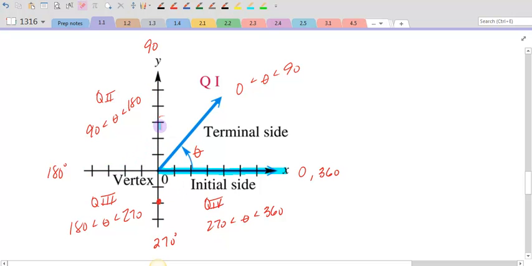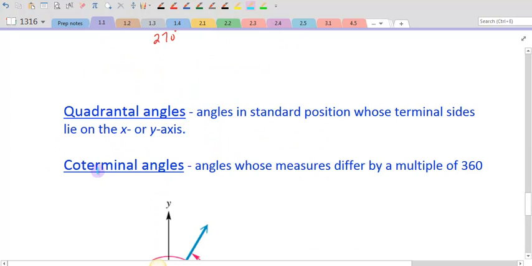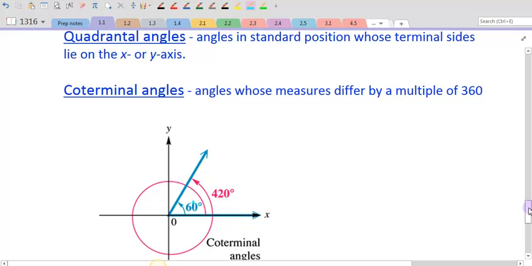So there's 4 quadrantal angles, and they are 0, 90, 180, 270, and I suppose you could consider 360 again as well. Now a coterminal angle is another concept where I can rotate an infinite number of times around the circle. Okay, so an infinite number of revolutions around this in that motion.